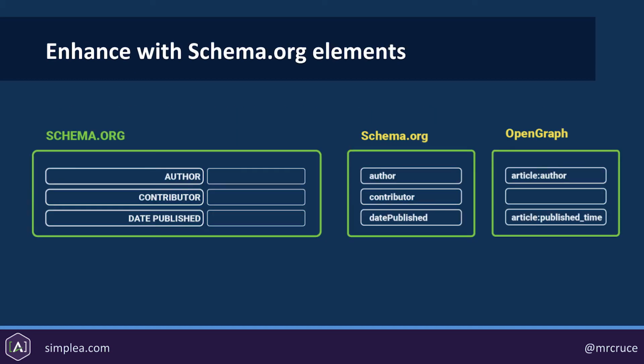So schema.org is a way to enhance our content model. So we took our explicit field types that we were defining within a content type, right? So those elements are then mapped to schema.org, to Open Graph, which is a way of getting content to display within social media properties, particularly Facebook, but also others.